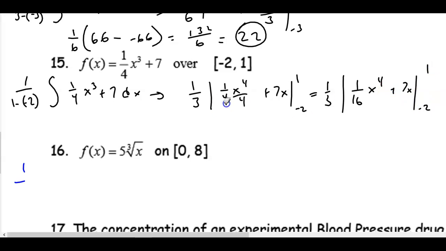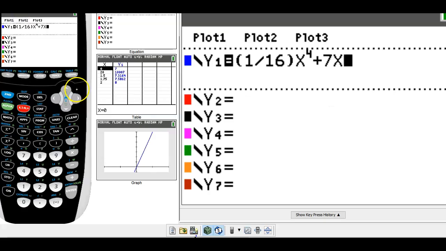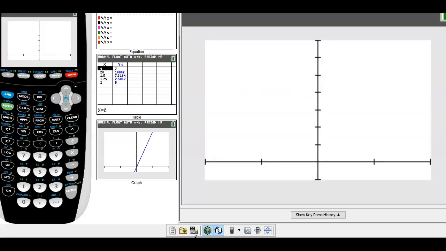I got 1/16 because 4 times 4 is 16 right there. Now that is what I'm going to punch into my calculator. So I'm going to go back to my calculator. Alright, so there you go right there. And then we're going to hit graph.